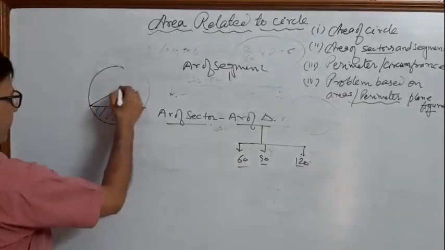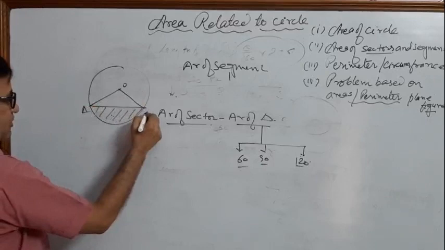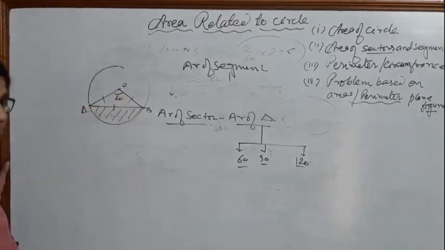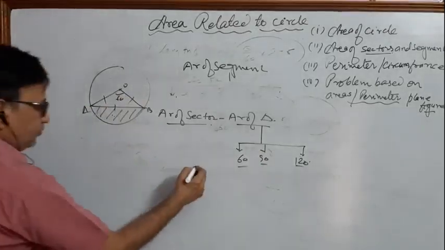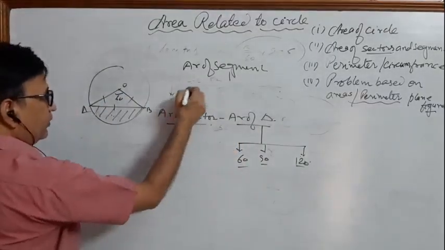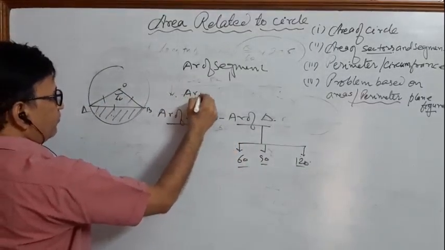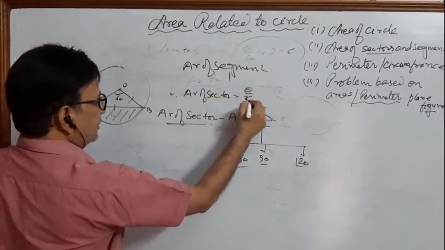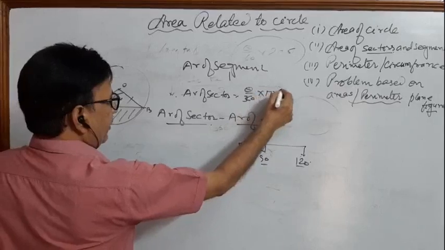Now you see, if the angle is 60 degree, then it becomes an equilateral triangle. Area of sector you know very well: theta upon 360 pi r square.